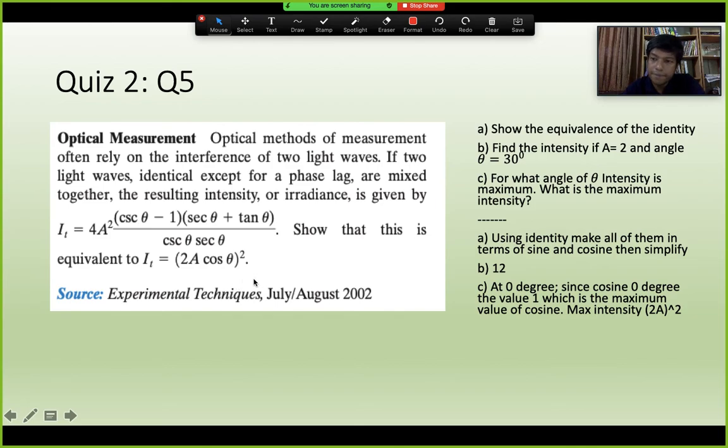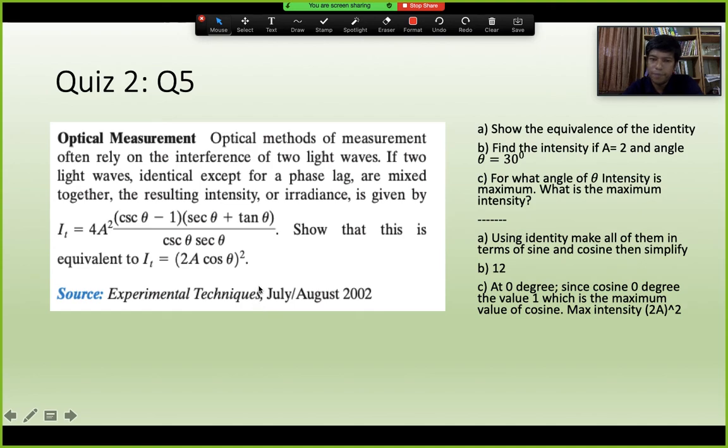So this way, we can always match the identity with the left and right hand side, or if the answer is given, then it is easier, of course. If the answer is given, then we can think that, okay, from here, how can I go there? And the trick is always the same. Convert everything to sine and cos, then try to go to the solution.